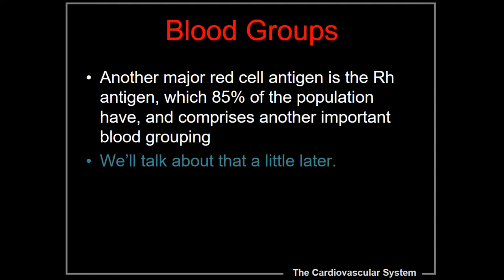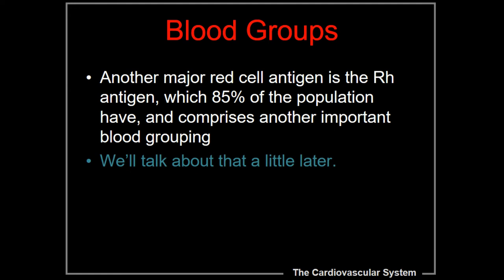I personally am A positive, so that means my red blood cells have the A antigen, and I am also carrying the Rh antigen, so I am Rh positive. And positive means you have the antigen, negative means that you don't have the antigen.